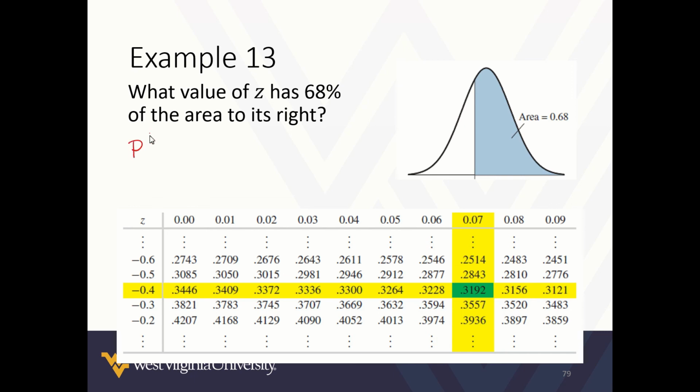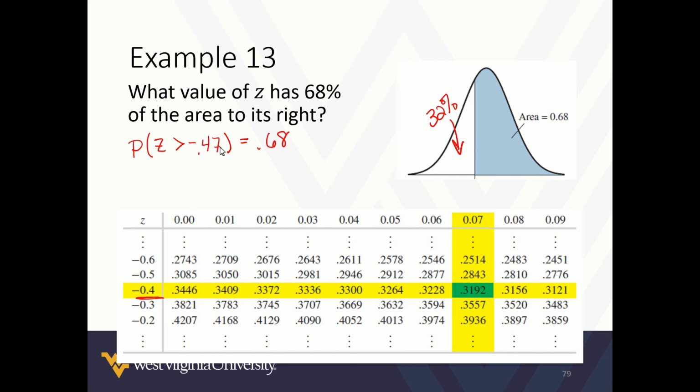So we're going to have to find, not the 68%, but as close as we can to the 32% from the table itself, because the table gives us the area to the left, not the area to the right. In this case, our answer is going to be negative 0.47.